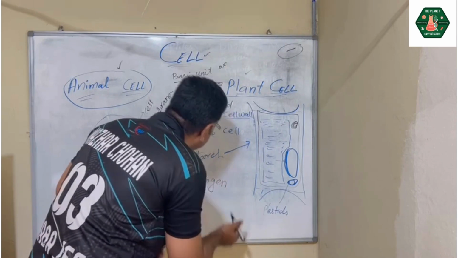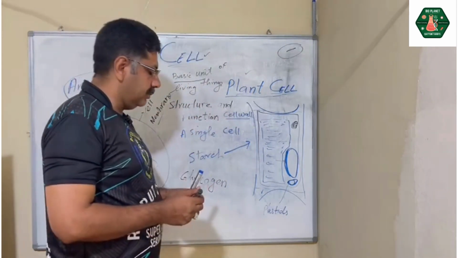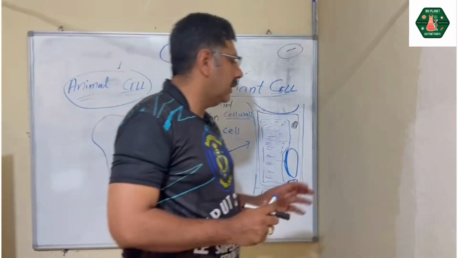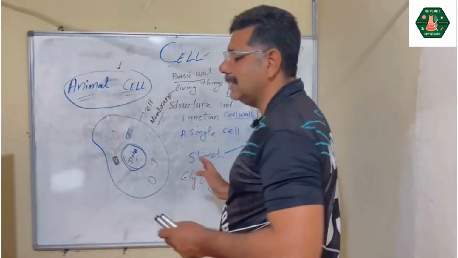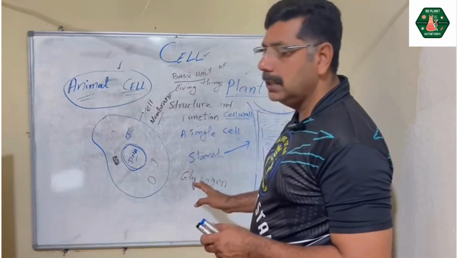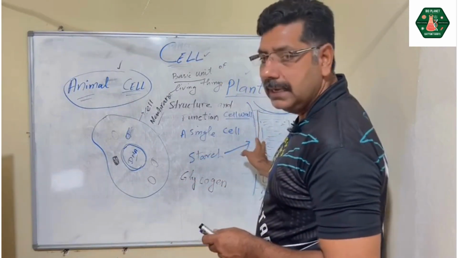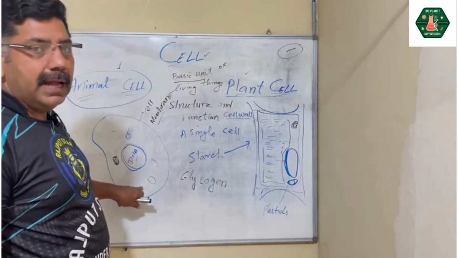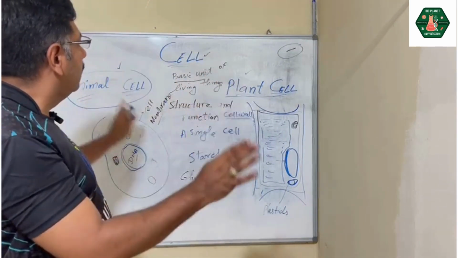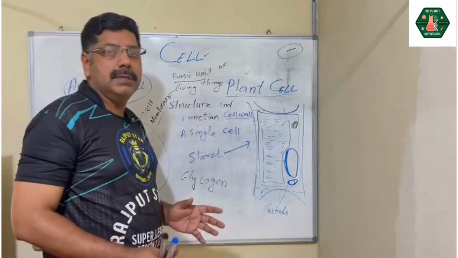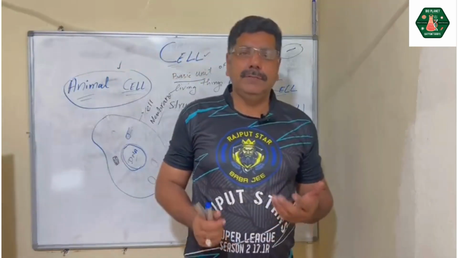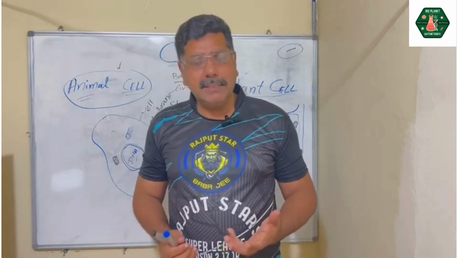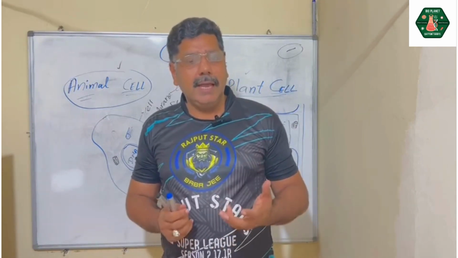It's also made up of glucose, and starch is also made up of glucose. But anyways, the difference between the two cells is starch in the plant cell and glycogen in the animal cells. So on the whole, plant and animals are made up of cells, which is the basic unit of plant and animals.